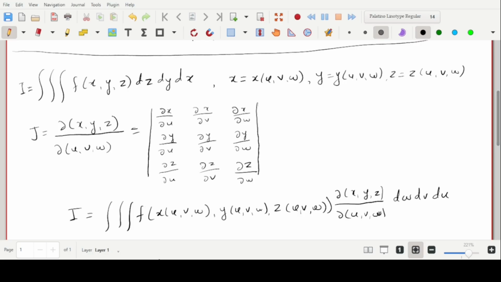So this is the change of variables formula in general in the case of triple integration.